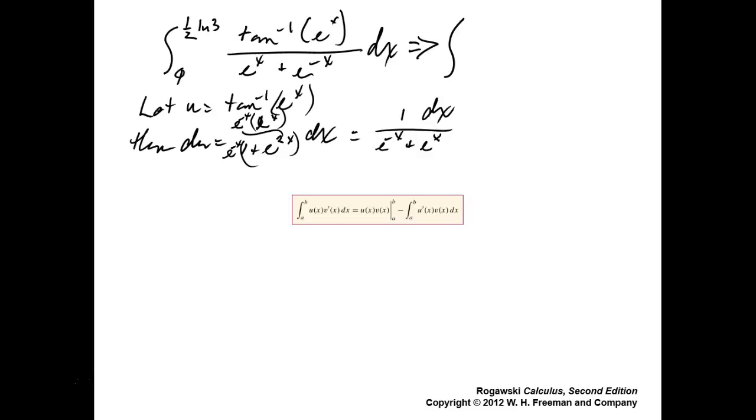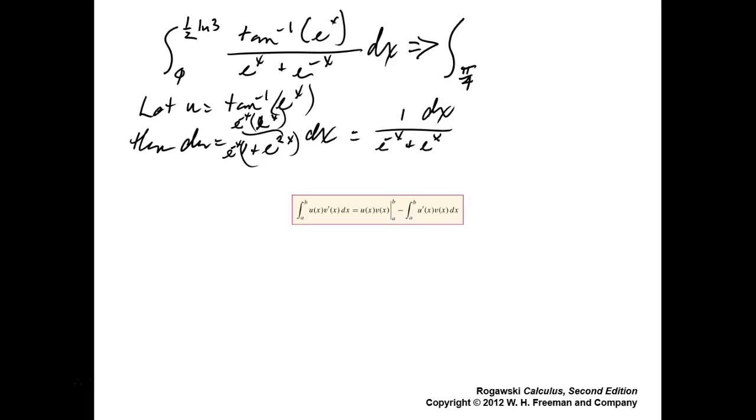So inverse tangent of 1 is? Okay, it's 45 degrees. I'm sorry, pi fourths. I was telling you what it was. Yeah, it's pi fourths, because that would be your angle. So you're going from pi fourths down here when x is equal to 1/2 log 3.